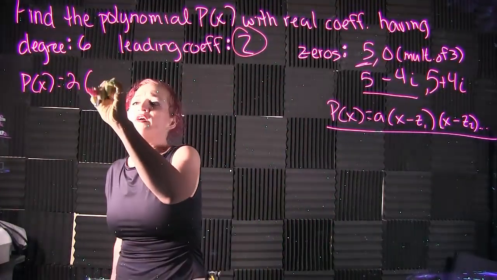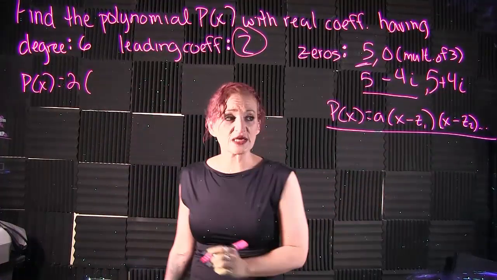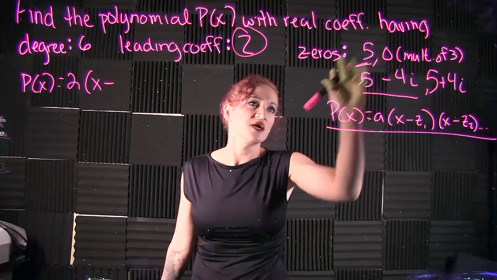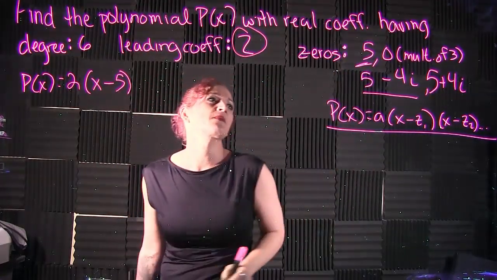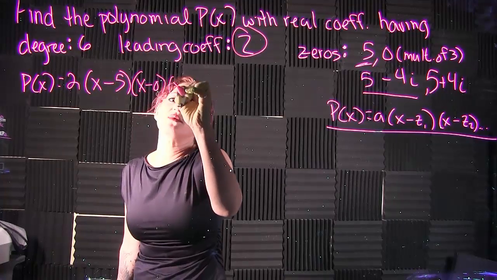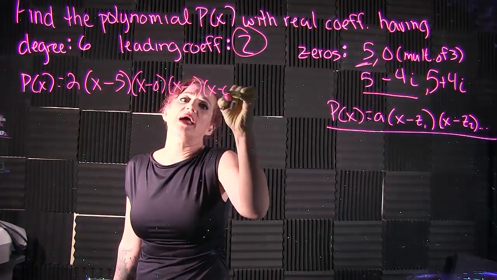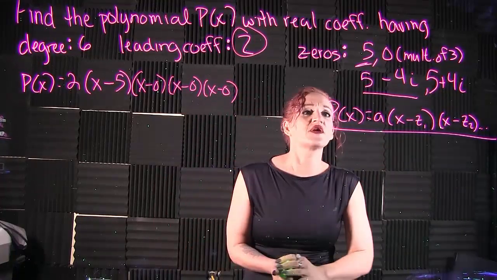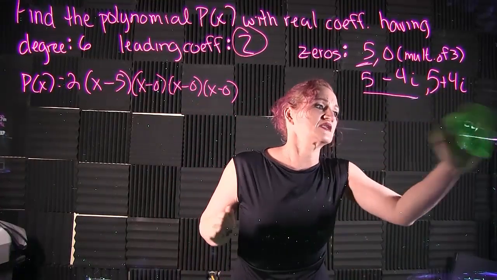And then that's going to be followed up by your zeros. The way you're going to set up your zeros is x minus the first 0, which is a 5. And then we have 3 zeros here, so that's really x minus 0, x minus 0, x minus 0. Then we have our complex zeros here.